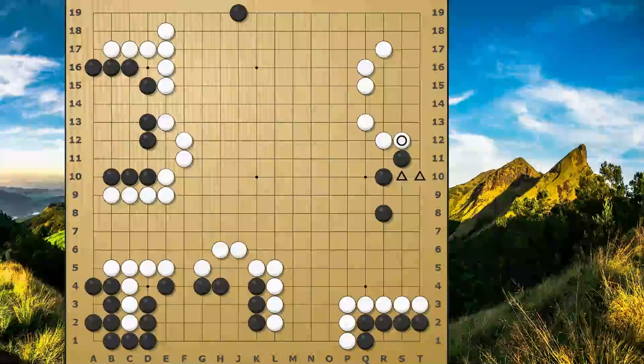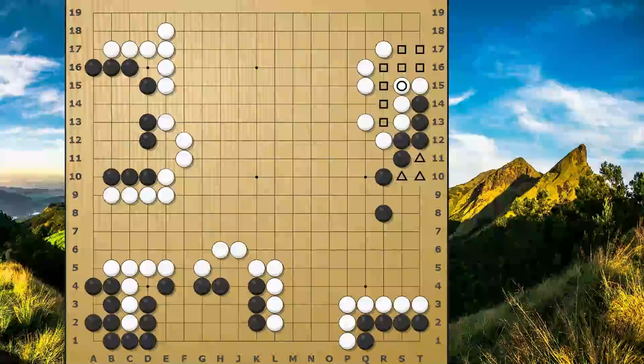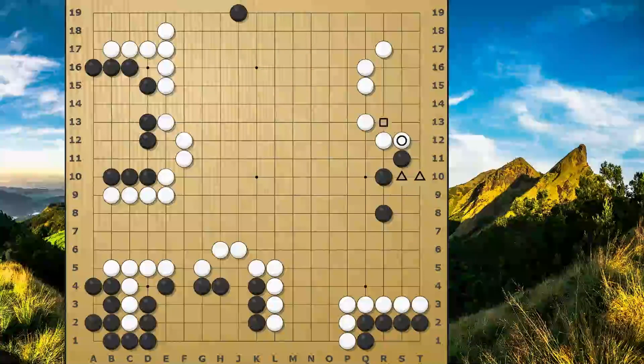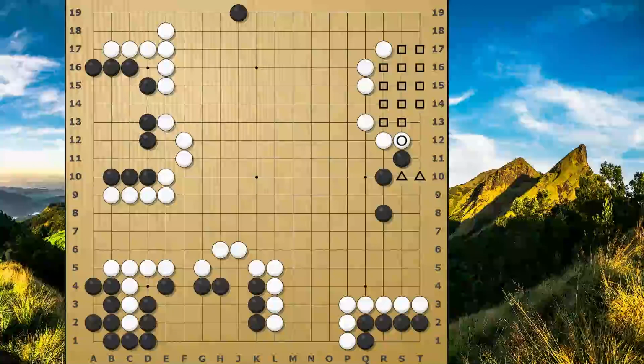How far did we go with white? We went all the way to S17, or there, T17. So we're going to count all of these. Black has 2, white has 2, 4, 6, 8, 10, 12, 13.